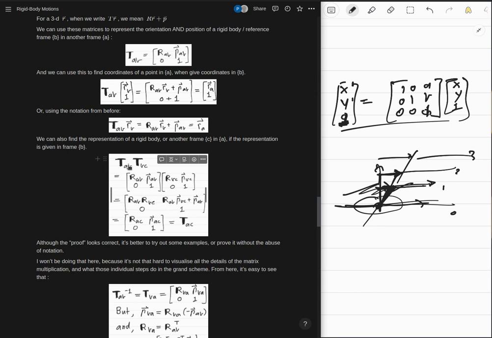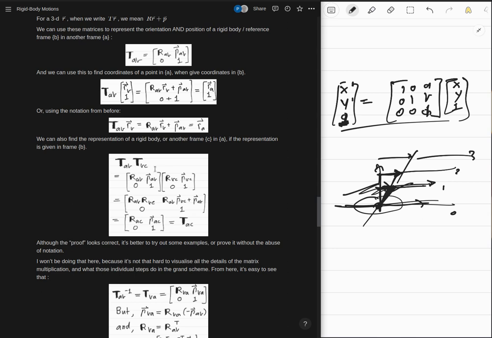Okay, so T_AB T_BC is actually equal to T_AC. There's a subscript cancellation rule that you can use. You can cancel these two B's and it will just become T_AC. It's just a mnemonic to remember what actually happens when you multiply these kind of matrices.